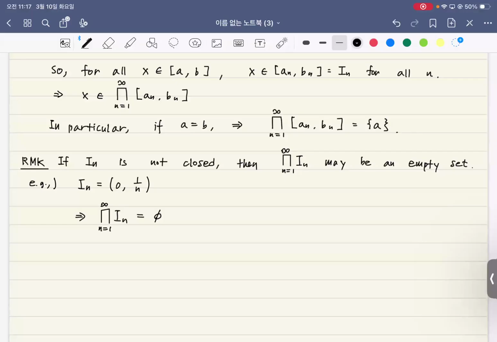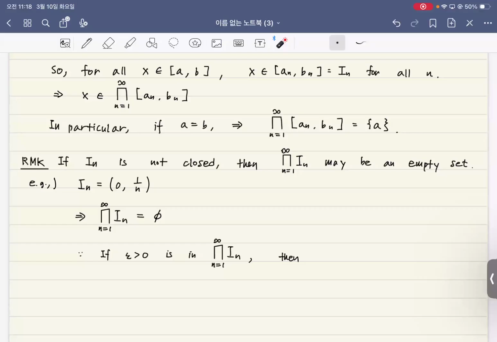Let us say it contains some positive real number, epsilon.